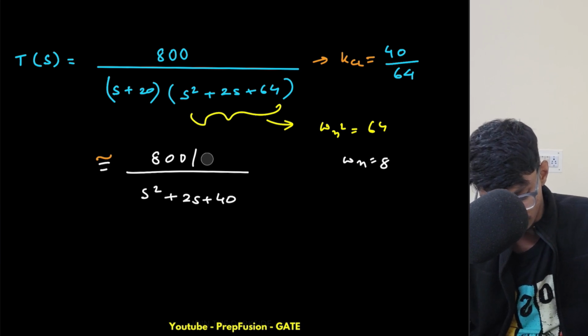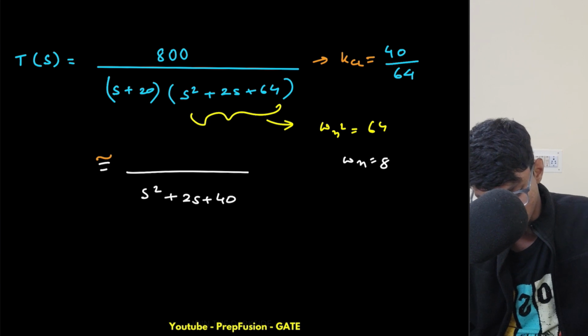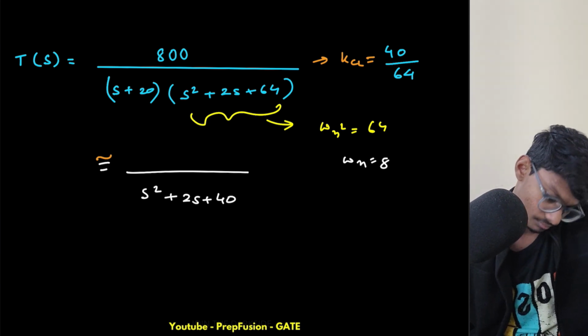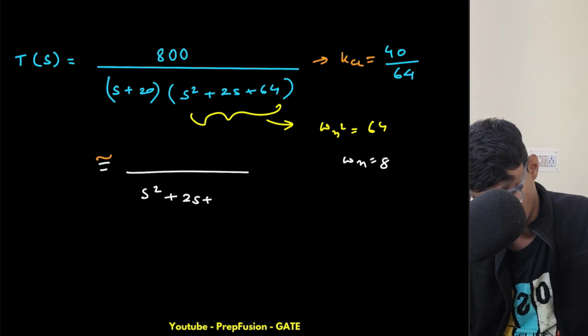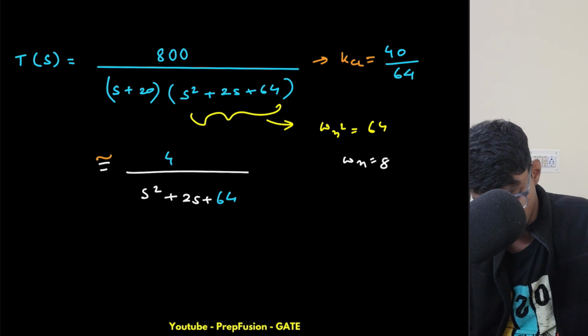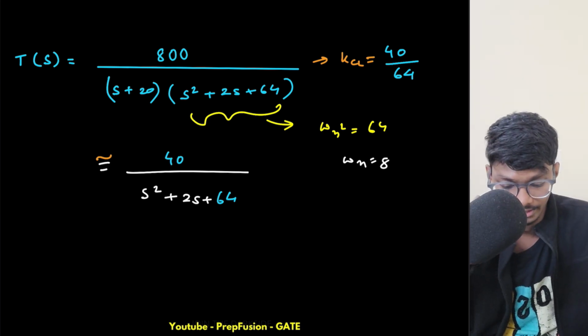So this will be 20, this will be 40. So omega n equals 8 radian per second.